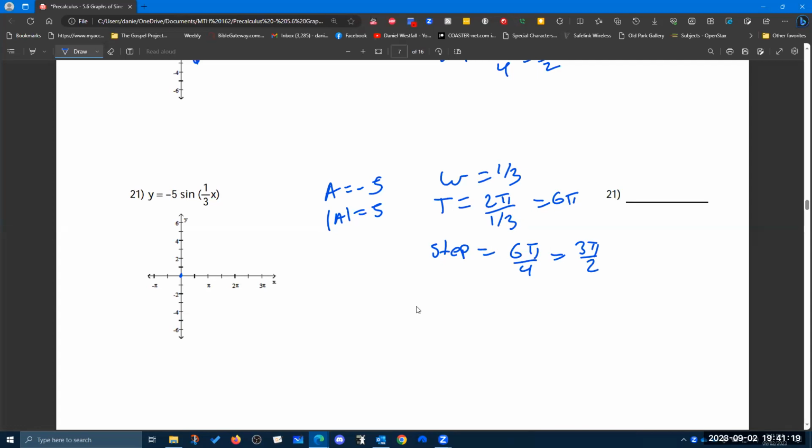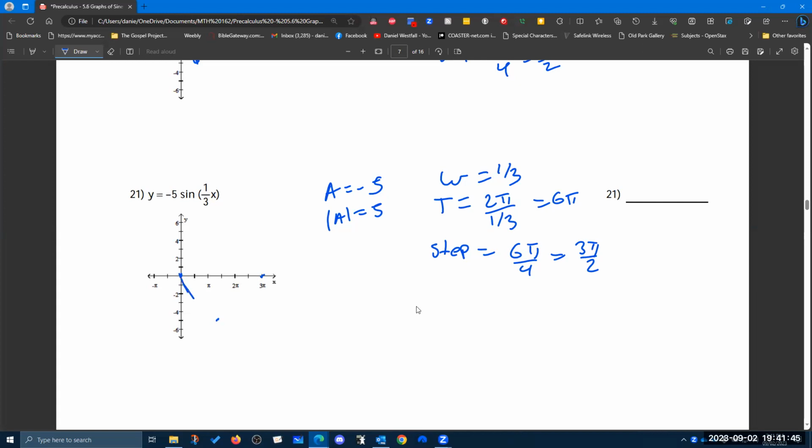We're going down to -5 once I get 3 pi over 2 away. So pi over 2, 2 pi over 2, 3 pi over 2, -5, and then another 1, 2, 3 pi over 2 gets me there. And I can't go far enough in the other direction to get the rest of this.